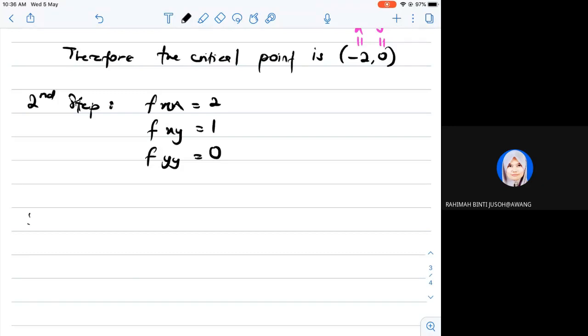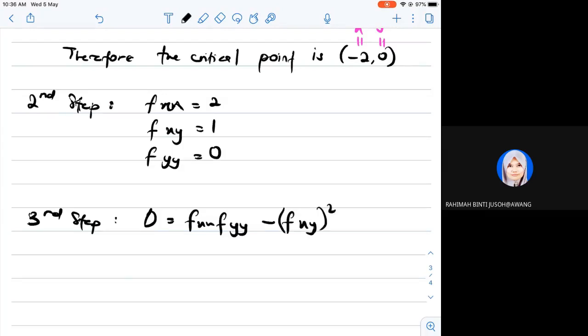So third step, calculate your D. D equals fxx multiplied by fyy minus fxy squared. So fxx is 2 multiplied by fyy which is 0. Remember, 2 times fxx multiplied by fyy, zero. Minus fxy, which is 1, squared.